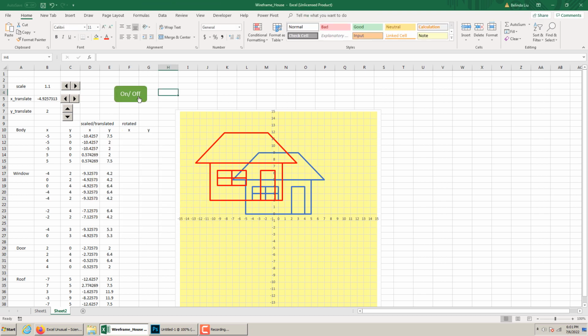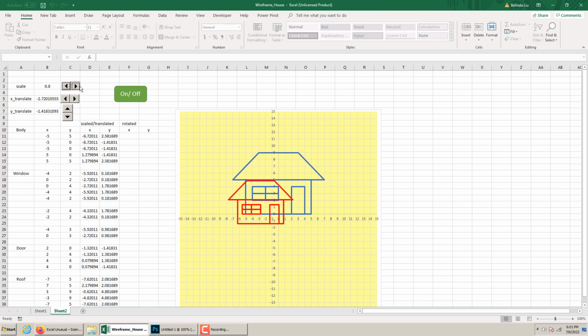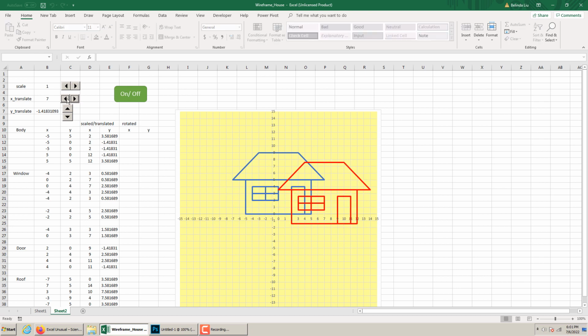So right now you see it's running. All the buttons work correctly. And we are trying to do rotation. I already marked here X, Y, the labels of the columns, and rotated.